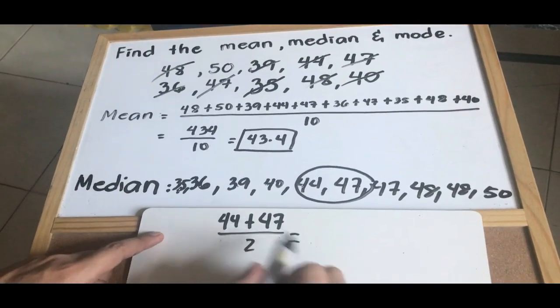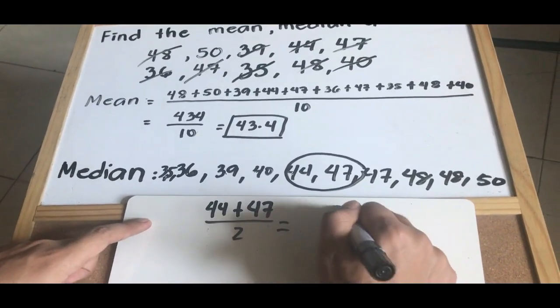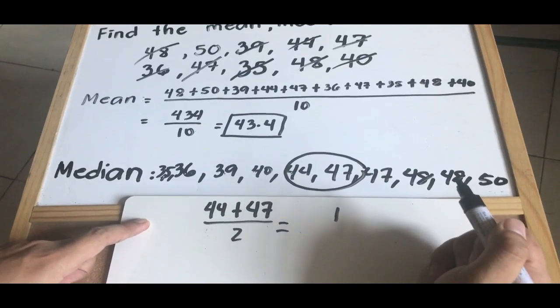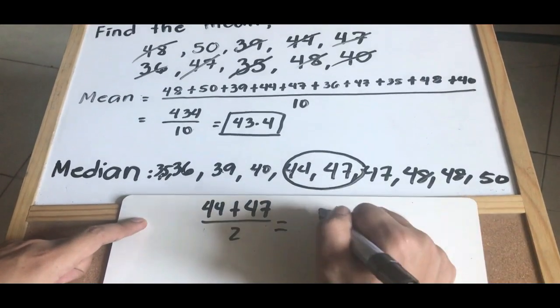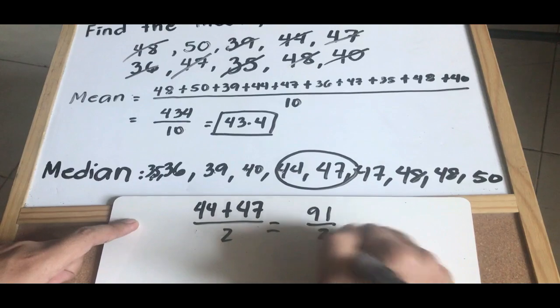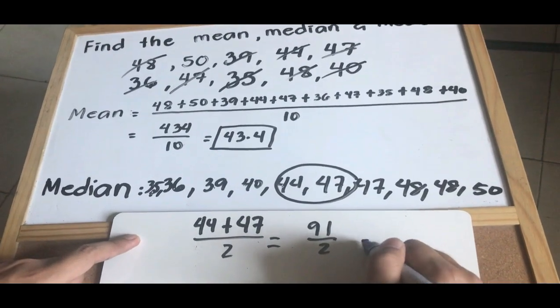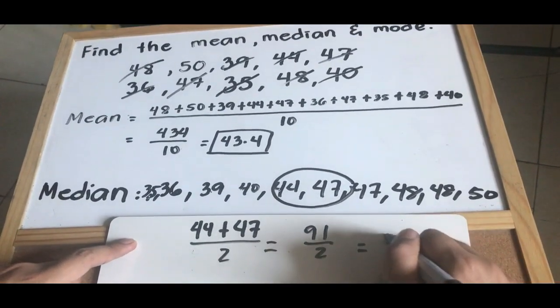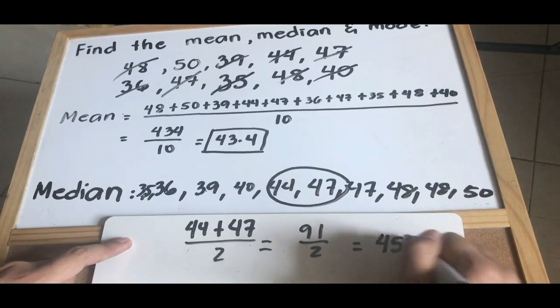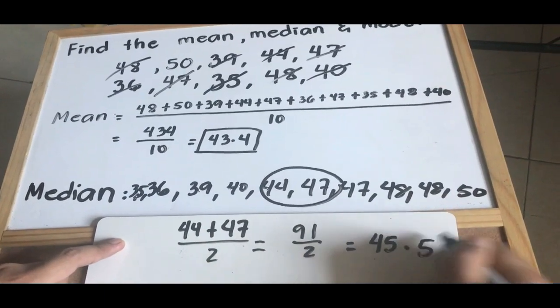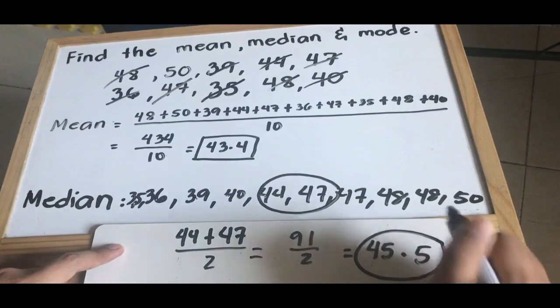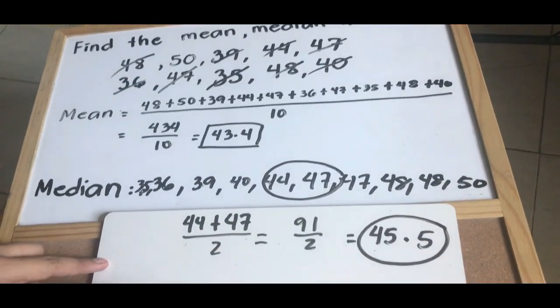So 44 plus 47 is 91. 91 divided by 2 is 45.5. So this is now our median. Now, mode.